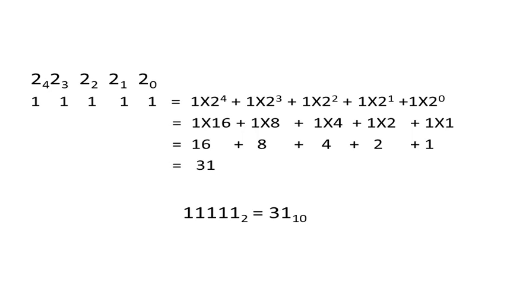The decimal place values are 16 plus 8 plus 4 plus 2 plus 1. Add together, that will be 31. So 11111 in binary format is equal to 31 in decimal format.